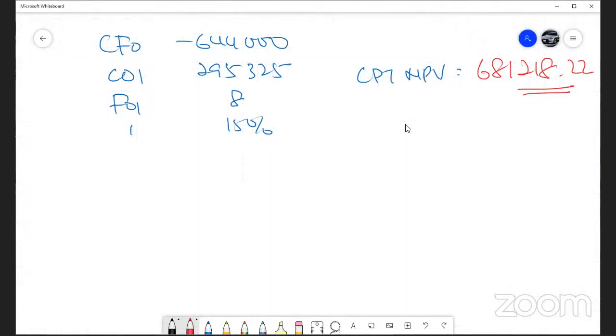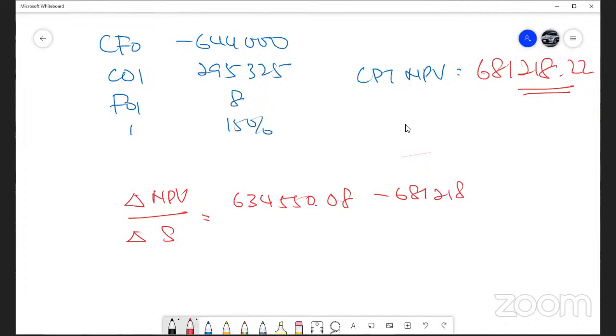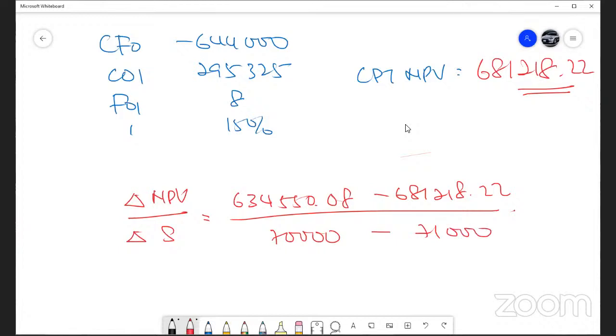So now to count the changes of NPV over the changes of sales, the old NPV is 634,550.08. Then it changed to 681,218.22. This is because the change of unit from 70,000 to 71,000.